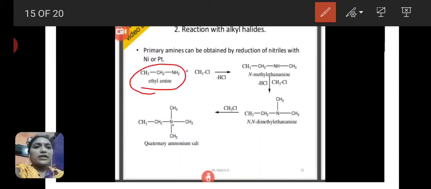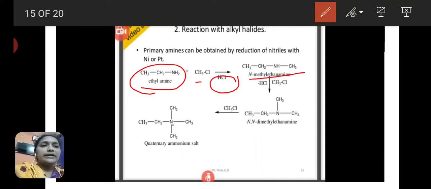First, the primary amine starts this reaction. First, 1 mole of primary amine reacts with alkyl halide and loses HCl and forms N-methyl ethanamine. Here, from the NH2 group, one of the hydrogens is replaced by a CH3 group.